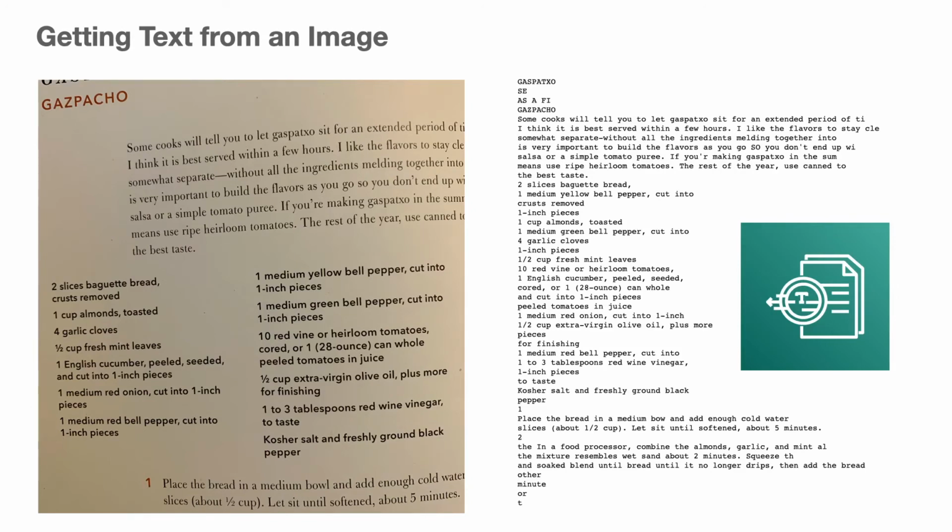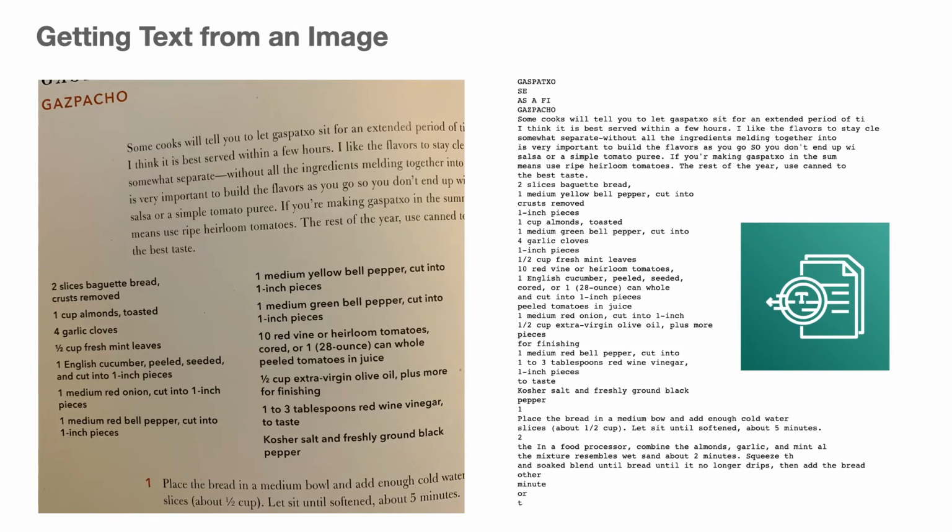AWS Textract is specifically designed to identify text from an image. So on the left-hand side, you have the raw image. On the right-hand side is all of the text that AWS Textract was able to pull out of that image. And you can see Textract does a really good job of pulling out the raw text from the image.